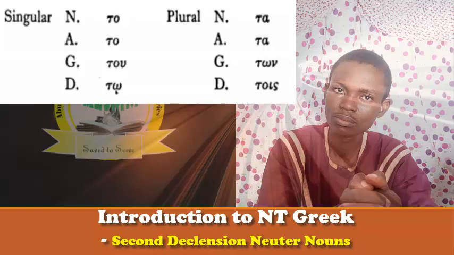So we have the nominative and accusative singular of the definite article of neuter nouns as to. So that's the only exception to the endings.